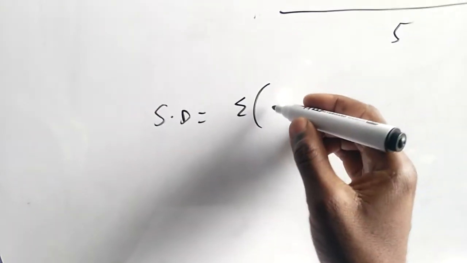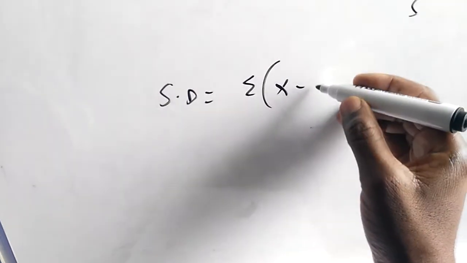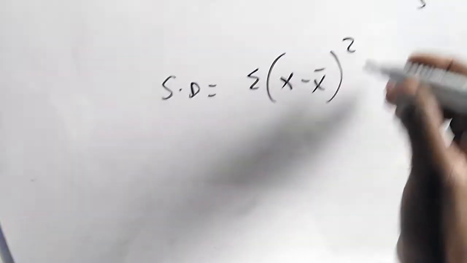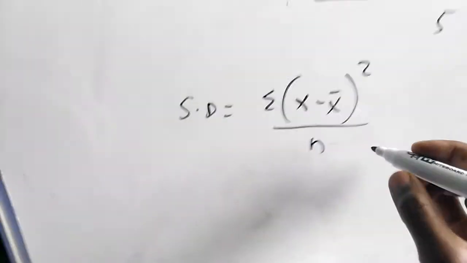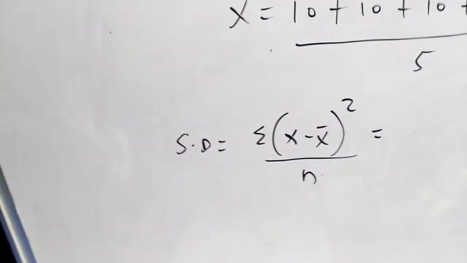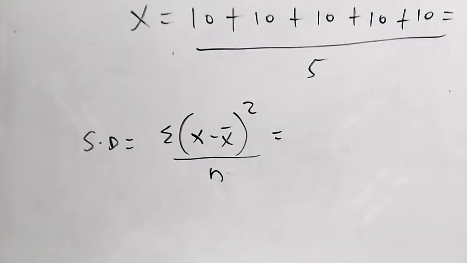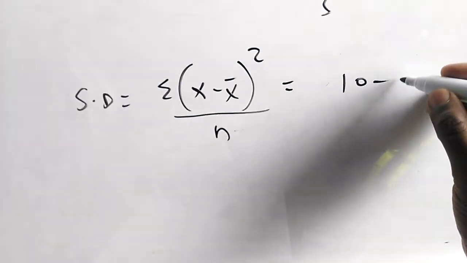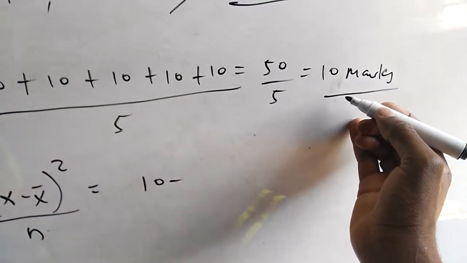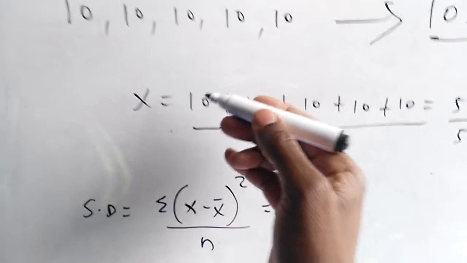Remember the formula, the SD will be the root of the summation of each mark take away the mean. But this time, the mean is 10 and the marks are 10.